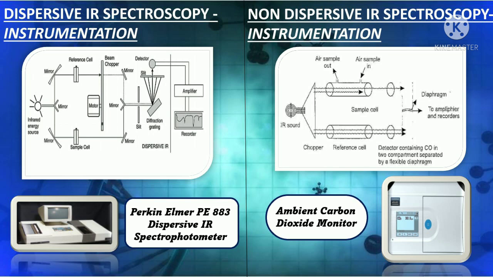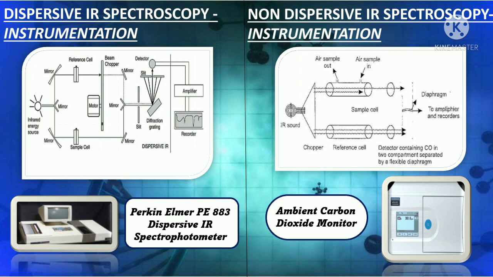Well, here what happens is that radiation from an IR source is not chopped by a rotating device, so that it alternately passes through the sample or a reference cell. Both the beams are incident on a detector which is filled with a gas, and as we can see in the diagram, the detector is divided into two compartments by a flexible diaphragm.